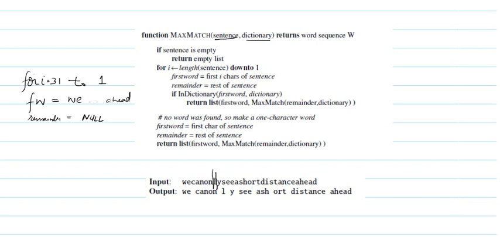So this becomes the remainder and this becomes the word, or first word, and this is the remainder. Now this remainder is again passed here as a return list. So in this way the maximum matching algorithm is working.